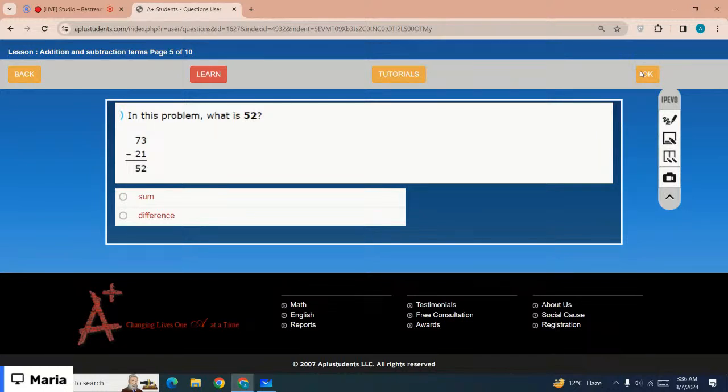In this problem, what is 52? So which is the correct option? Yes, 52 is the difference of 73 and 21. The correct option is difference.